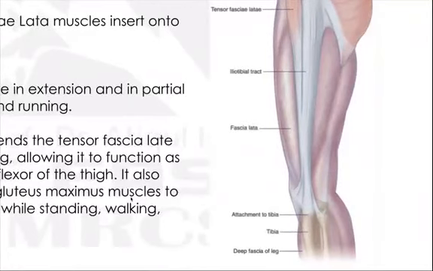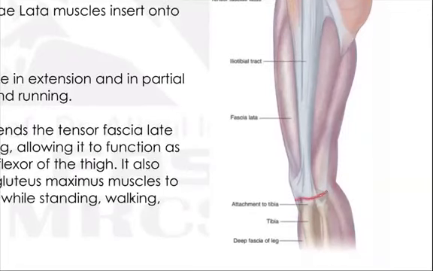The iliotibial tract mainly stabilizes the knee. It will stabilize the knee when the knee is in extended position. The main function of the iliotibial tract is stabilization of the knee.